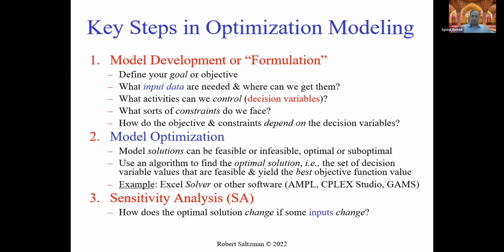How does the model's optimal solution change if you change the input? You want to find the relationship between each decision variable, each coefficient, each right-hand side parameter or each left-hand side parameter, and see the changes in that value and the impact it has on the objective value.